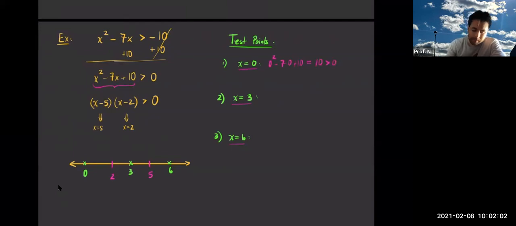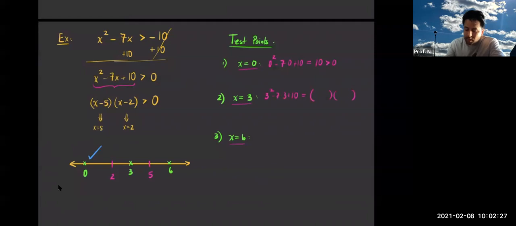So what does that mean? That interval is good. Between 2 and 5, I'm plugging in 3. And what I was going to say is that instead of plugging in like this, 3 squared minus 7 times 3 plus 10, and then squaring the 3, multiplying the 7 and the 3, and then adding the 10, it's easier to leave it as the factored form of the expression.